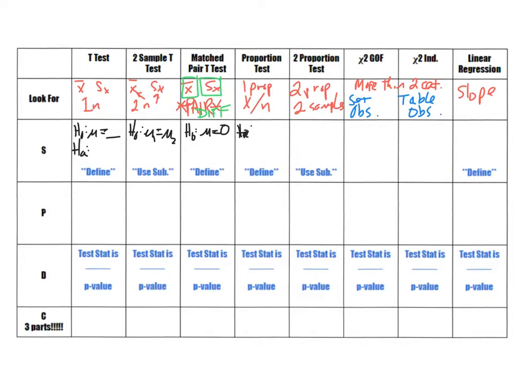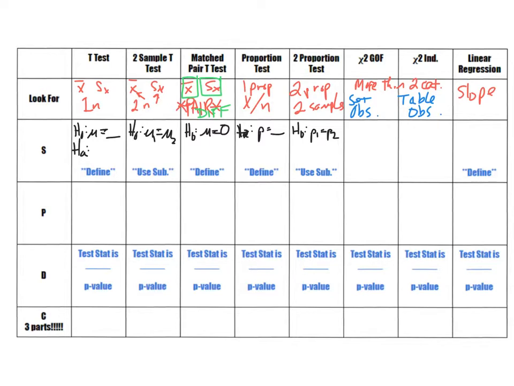So the null is that P is equal to blank, and for a two proportion, P1 equals P2. And again, same rules apply here as the t, in terms of, first of all, make sure you're using a parameter to state your null and alternative.